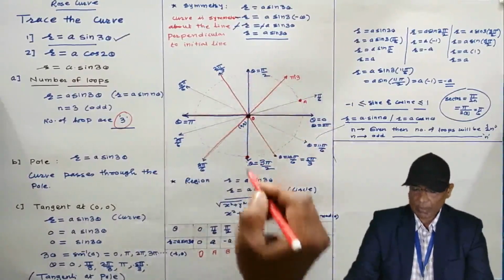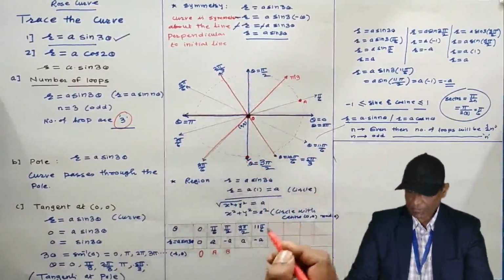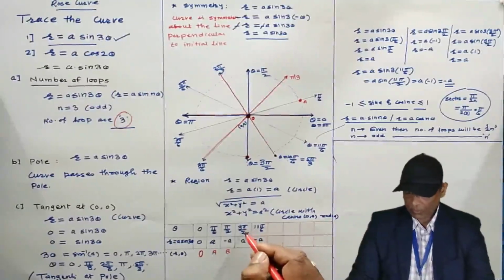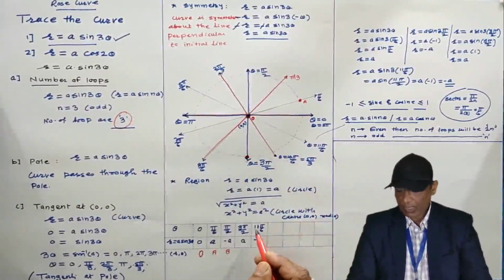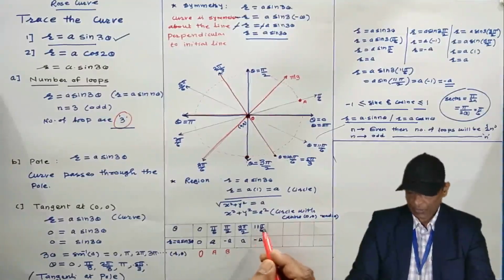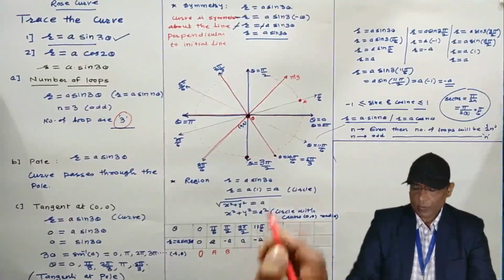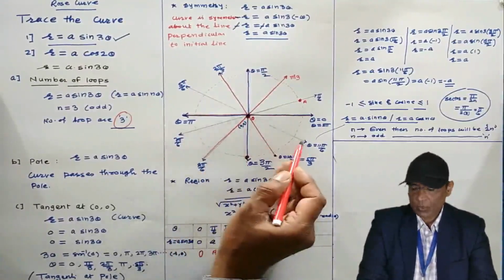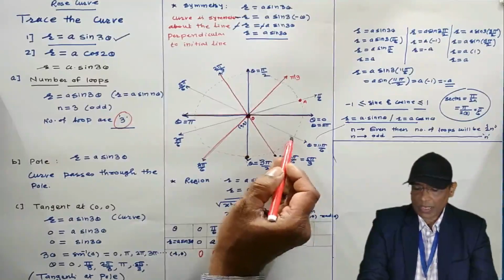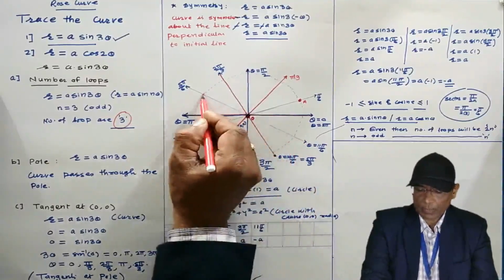For theta equals 3 pi by 2, what is the value? For 3 pi by 2 the value of r is a, means this point again. For 11 pi by 6, the value of r is minus a, means exactly at this point only.